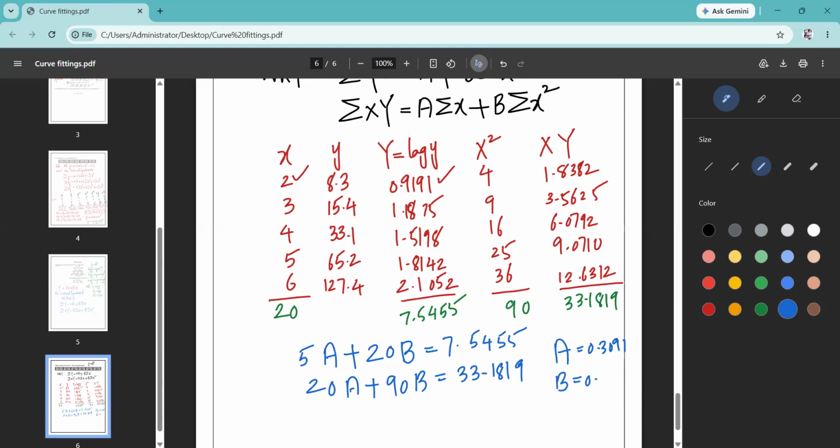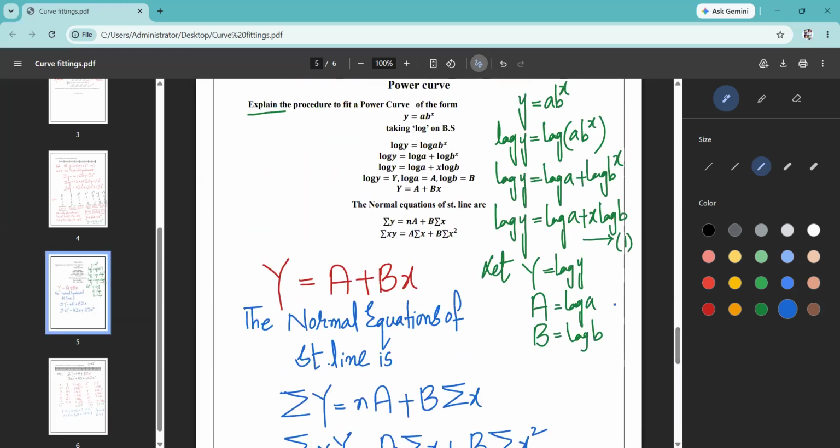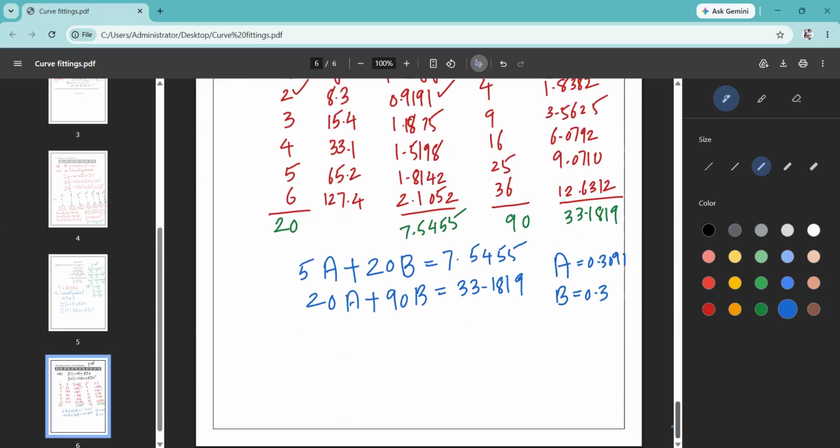But the most important thing is we don't want capital A. We want a small a in our question. So we have to take the anti-log. For anti-log, we have to take 10 to the power of this value, 0.3091. We get our answer is 2.0375.